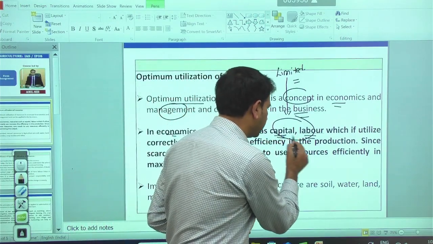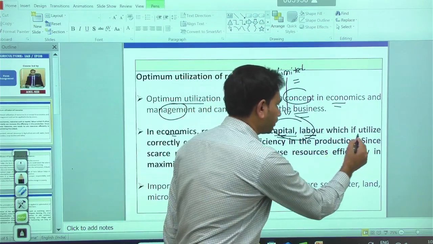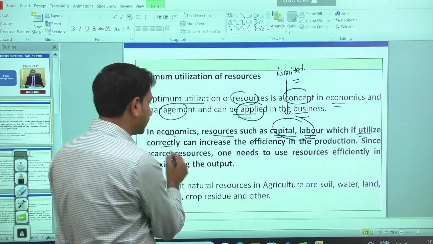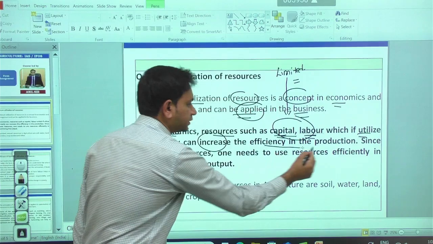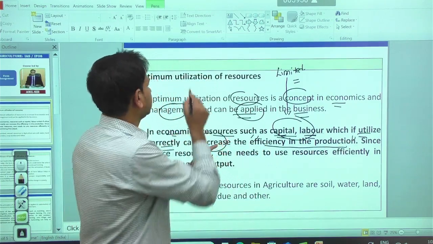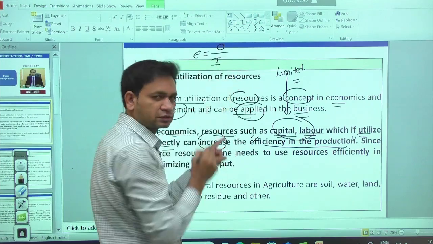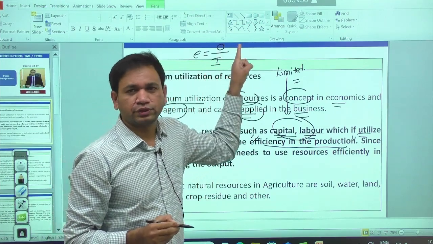When there is proper utilization of labor and capital in the given piece of land, it can increase the efficiency in production. In the previous class we said that efficiency is output divided by input, a ratio of output to input.